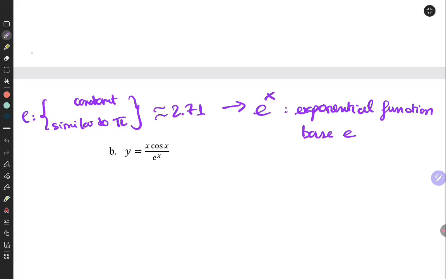Base e. Another example of exponential: base 3, base 2, those are all exponential functions. So this base e is technically similar to 2.71 to the power x.